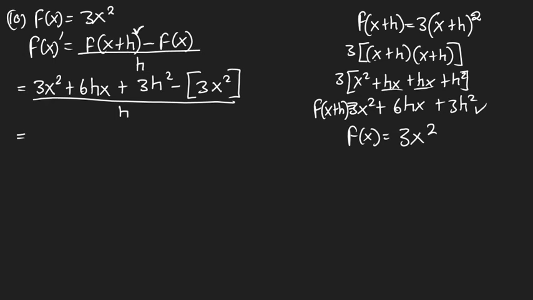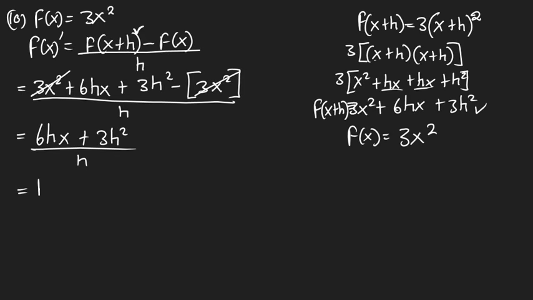Then this is going to equal, notice that this is a minus, so it will cancel with this. Then you're going to remain with 6hx plus 3h to the power 2 over h.